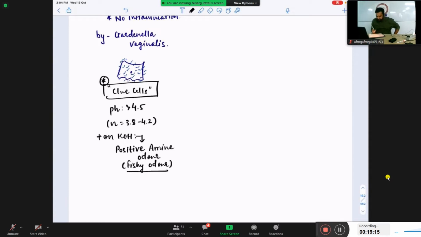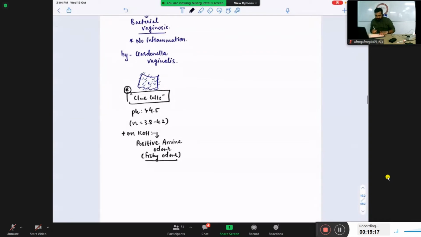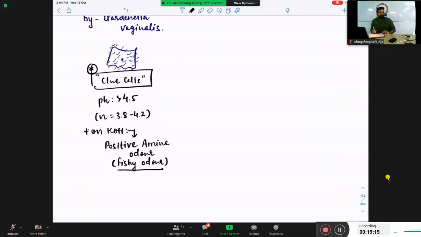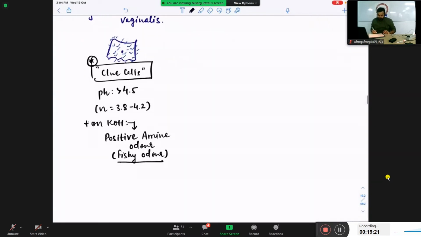So they ask that the patient is complaining of a fishy odor of the vaginal secretion. What is the drug of choice? Metronidazole.